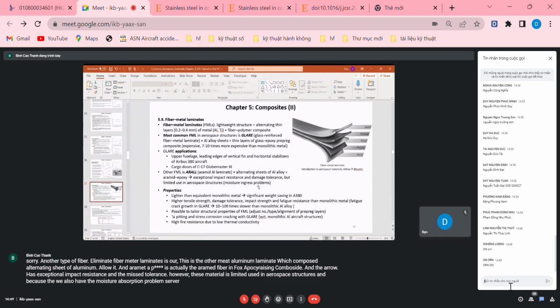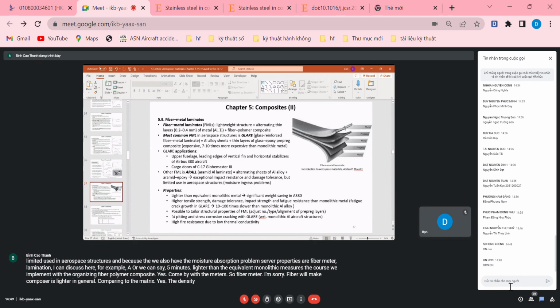Several properties of fiber metal laminates I can discuss here. For example, fiber metal laminates are lighter than the equivalent monolithic metals because we combine the fiber polymer composite with the metal. Fiber polymer composite is lighter in general compared to metals.